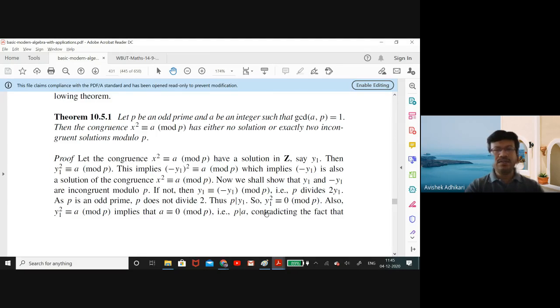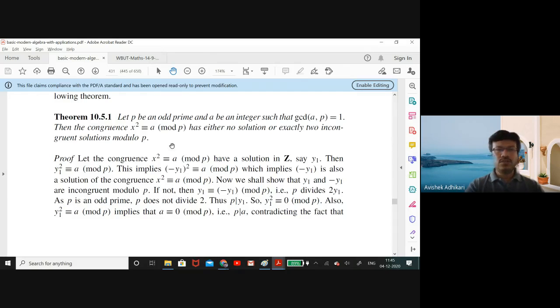So what I need is either no solution or exactly two incongruent solutions modulo P. The proof technique is to start with the assumption that it has a solution, and if you are able to prove this, then it automatically proves that it has either no solution or exactly two incongruent solutions.